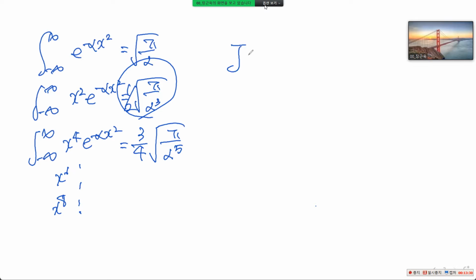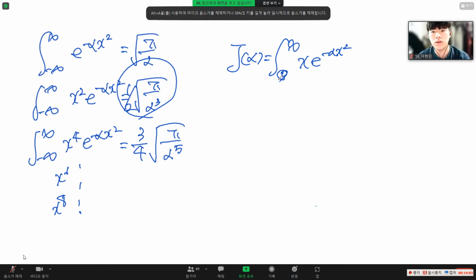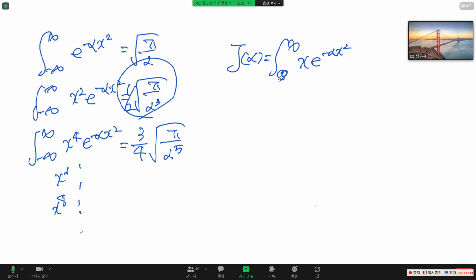Also, there is another type, J alpha. 이것은 if we go from negative infinity, then can we calculate it or not? 질문하겠습니다. 이것이 만약 네거티브 인피니티면 우리가 접근할 수 있을까요? 없을까요? 어떻게 생각하세요? 없다고 생각합니다. 접근할 수 없다고요? 예, 그쵸. 적분값이 0이 나오죠.